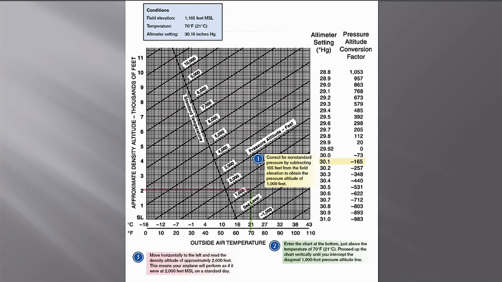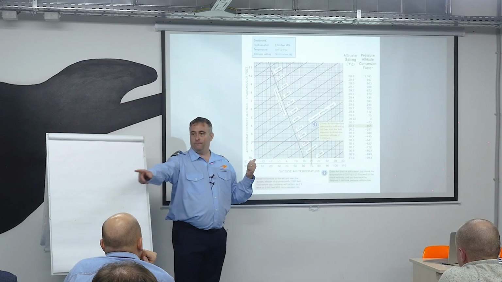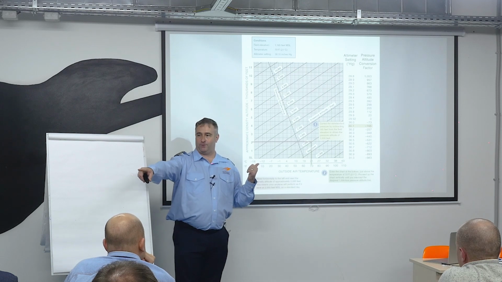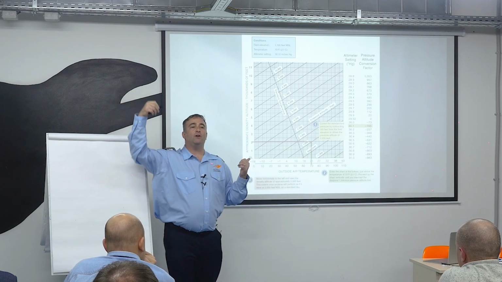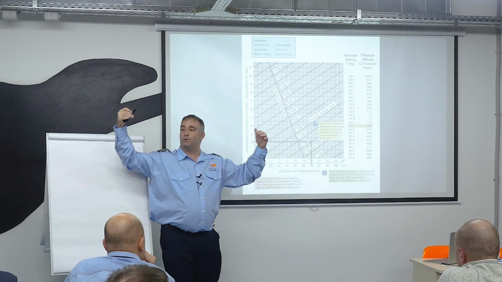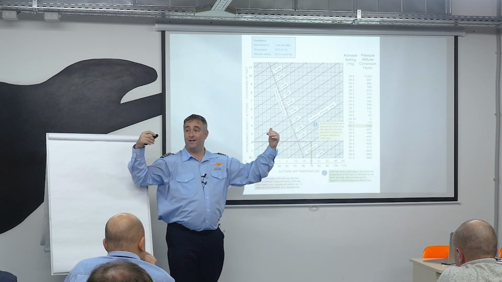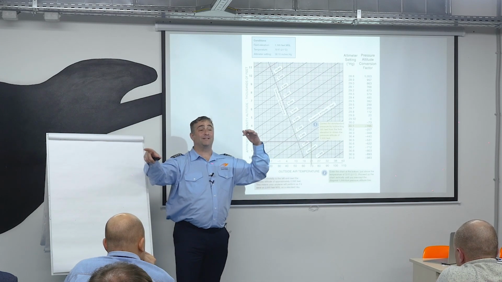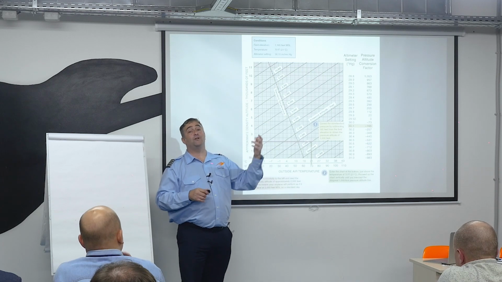What's density altitude? We're going to start figuring this out. That was one of the best answers, yes. He's saying it's the altitude at which the airplane is performing, okay? I like the answer because it's not the standard book answer.